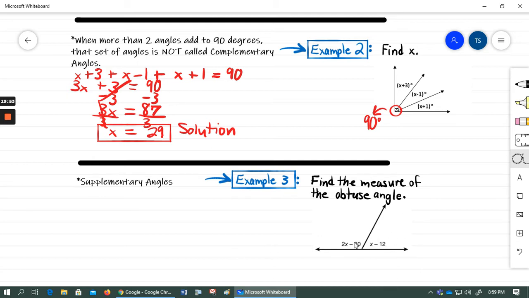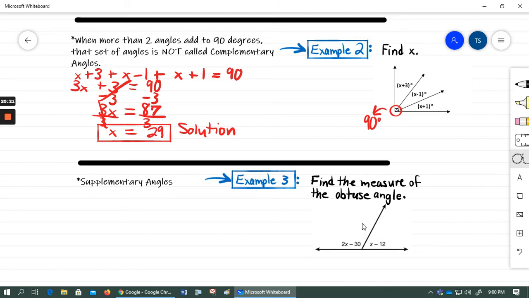Alrighty, so guys, in this example, they want us to find the measure of the obtuse angle. In our previous lesson, where we started talking about angle terminology, I reminded some of you and introduced to others of you the four basic types of angles.